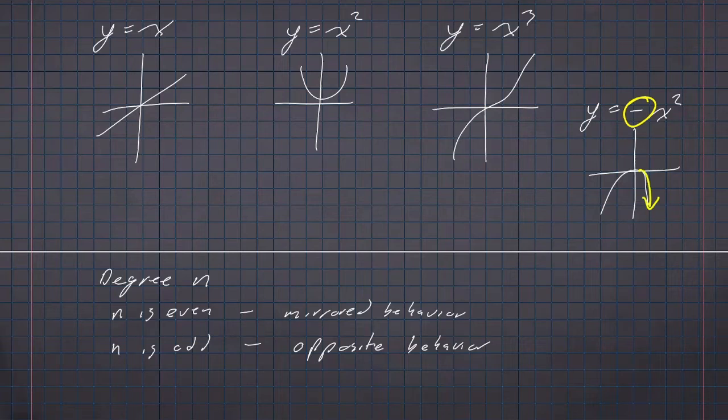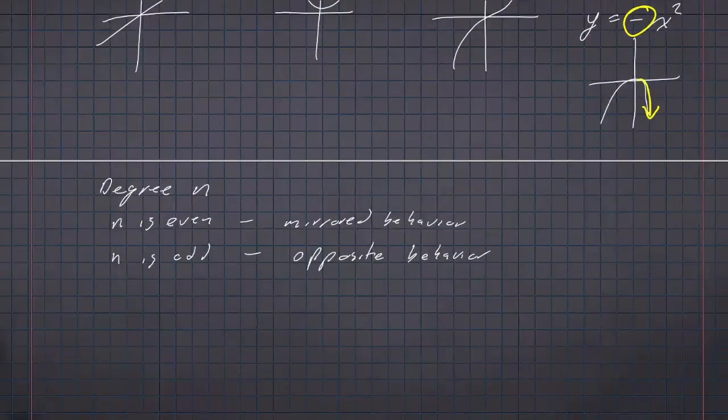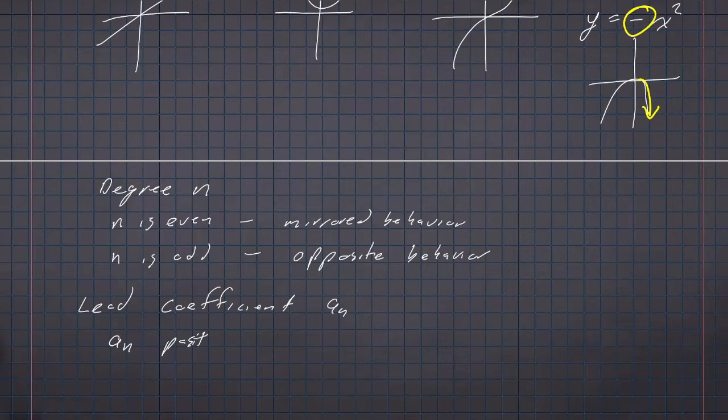If you have a lead coefficient which is positive, then the graph will go up to the right.